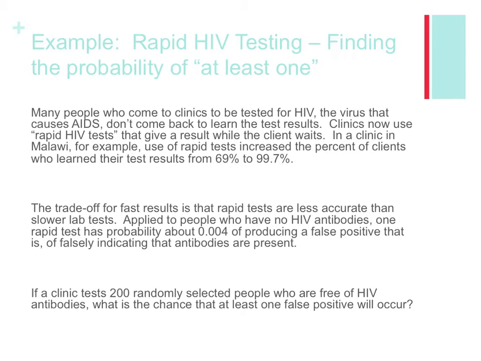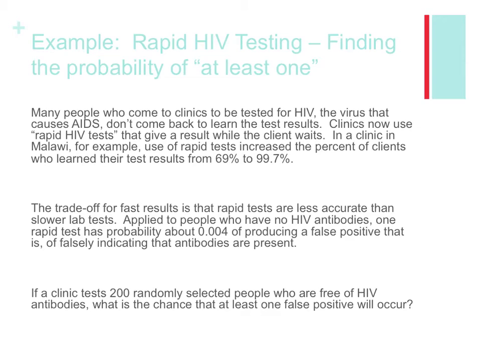Applied to people who have no HIV antibodies, one rapid test has a probability of about 0.004 of producing a false positive. That is, of falsely indicating the antibodies are present. If a clinic tests 200 randomly selected people who are free of HIV antibodies, what is the chance that at least one false positive will occur?